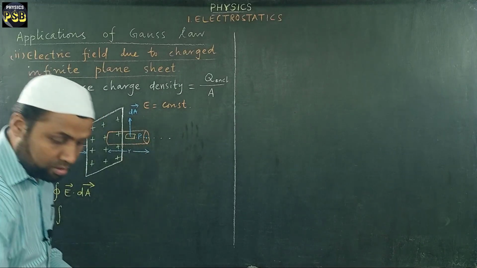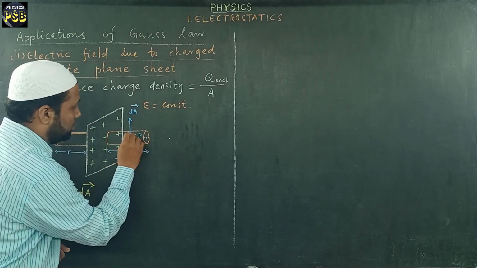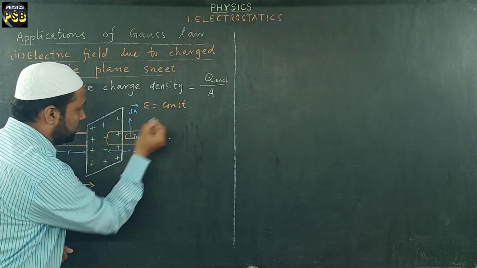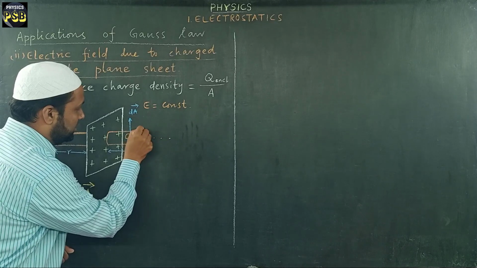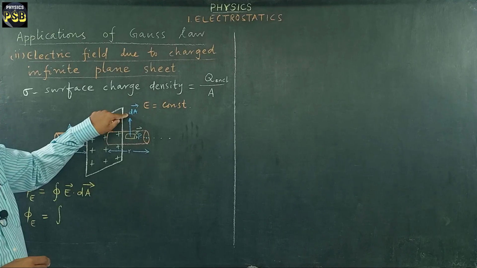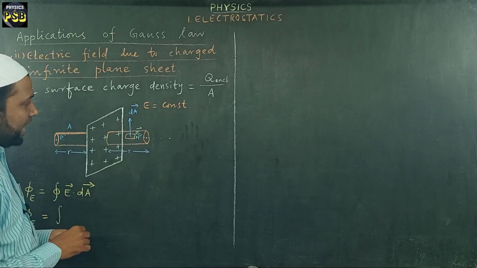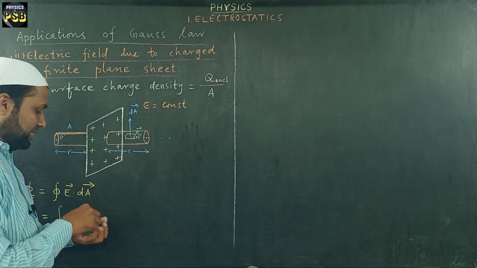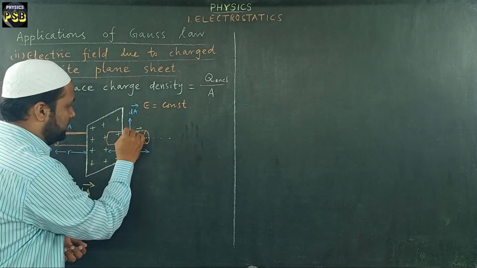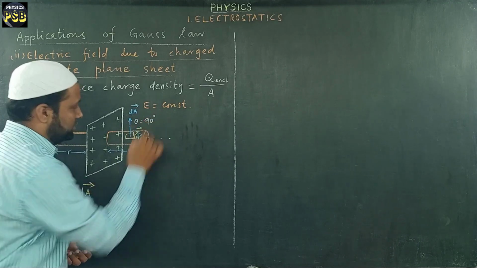So the electric field is acting in this direction, and this is the direction of the area element. Here, the angle between them is 90 degree. Theta is equal to 90 degree for this.